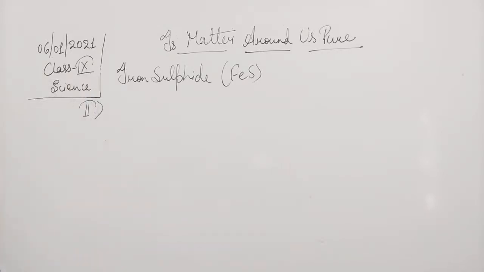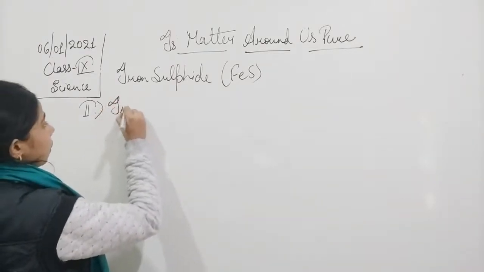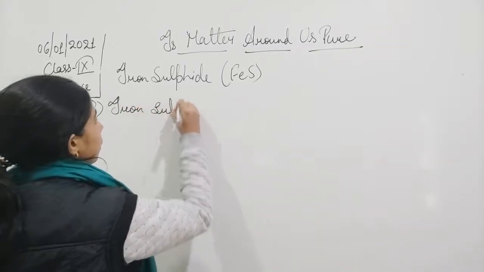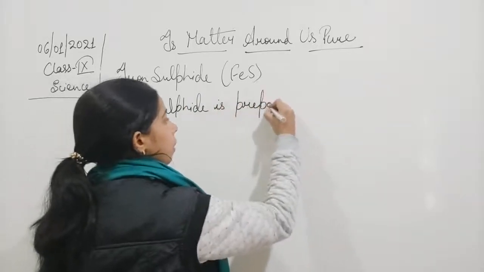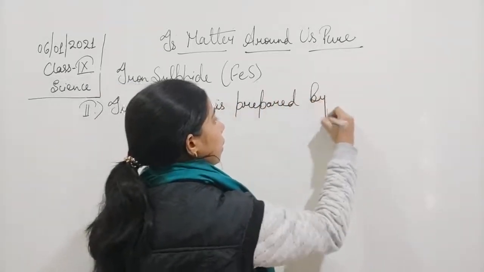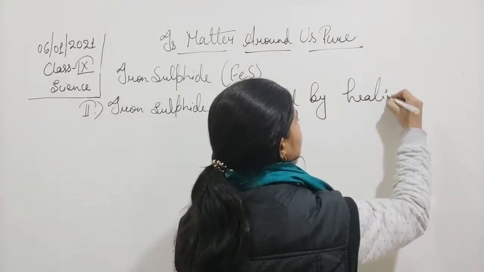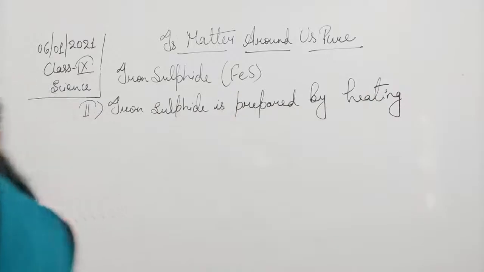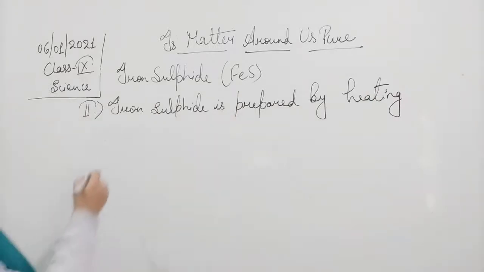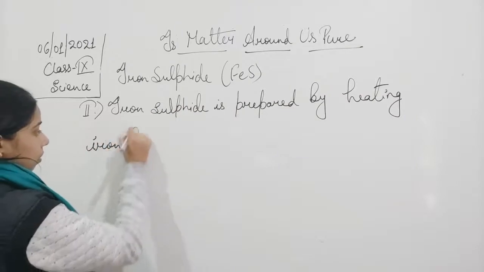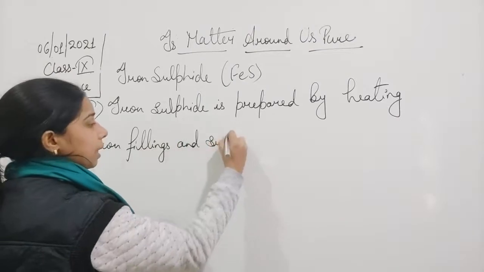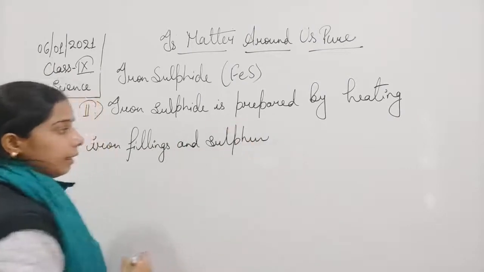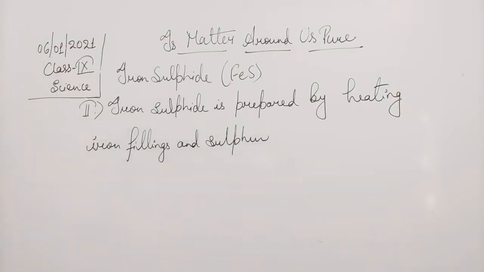So we can write it: iron sulfide is prepared by heating iron filings and sulfur. So basically it is prepared by heating the iron filings and the sulfur.